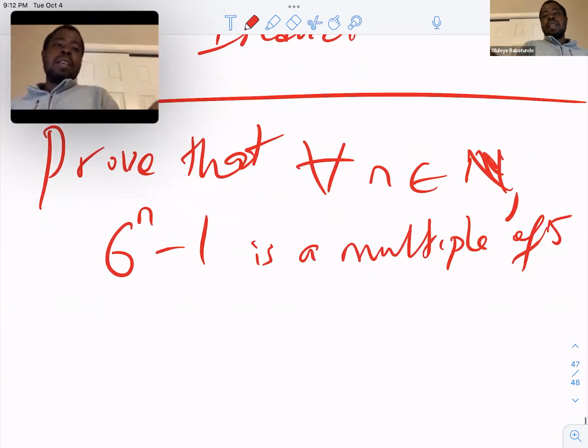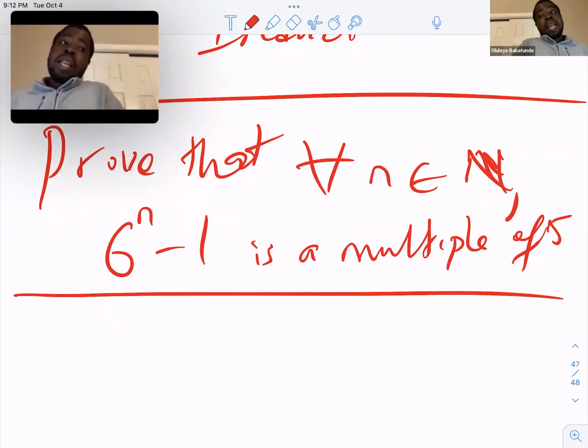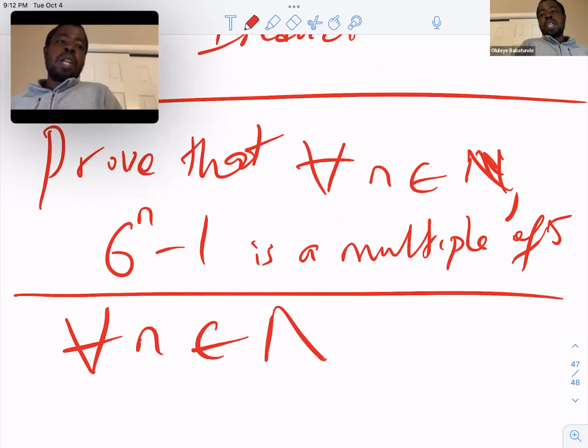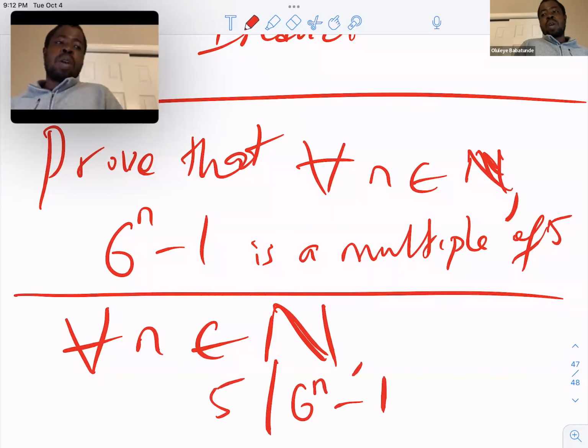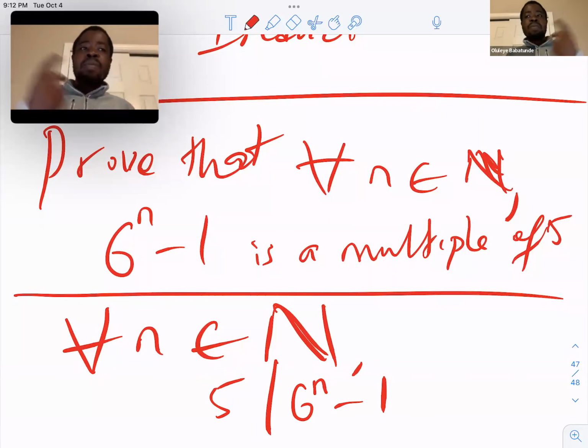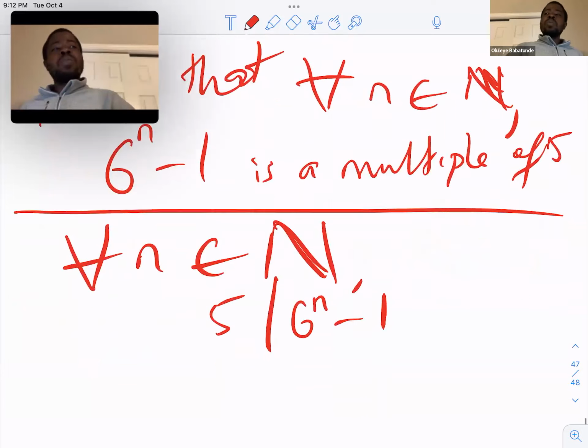Or you can rewrite this as for all natural number n, 5 divides 6 raised to power n minus 1. 5 divides 6 to the power n minus 1 is the same thing.